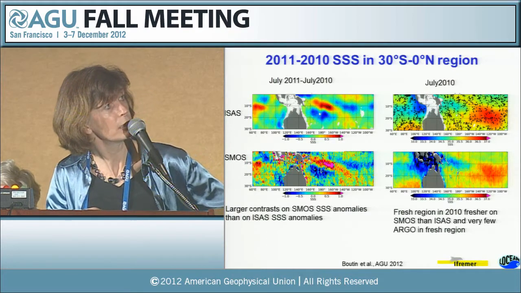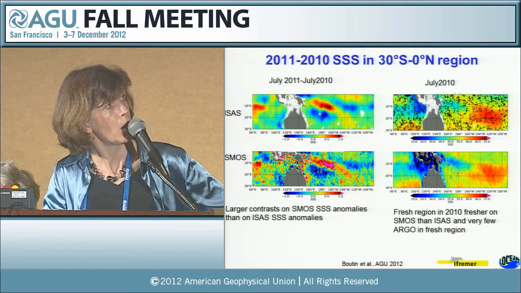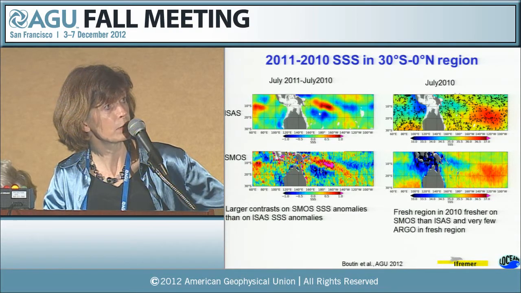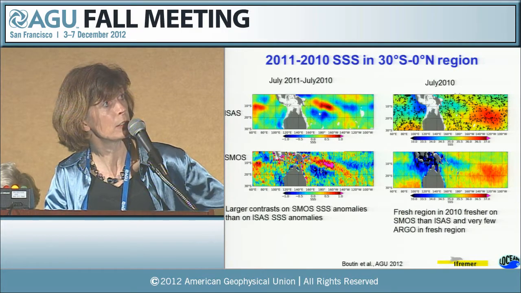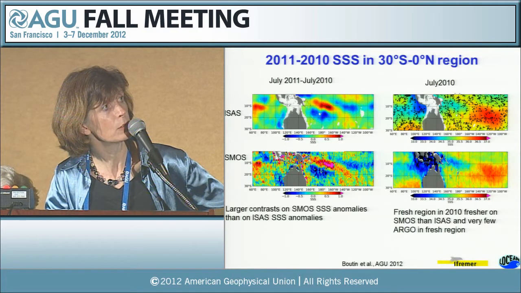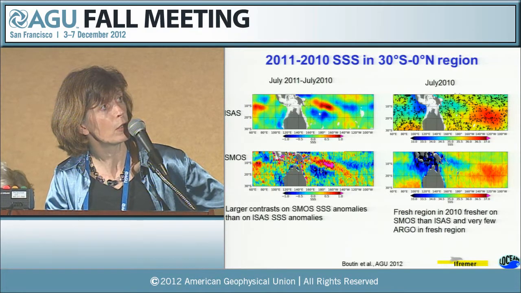When looking at the positive anomalies in this region, we see that they are more positive, again, because the salinity from SMOS is fresher in July 2010 than the optimally interpolated maps taken from ISAS. But you can see also that there is a very small number of floats in that region.